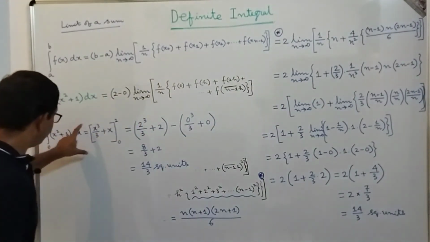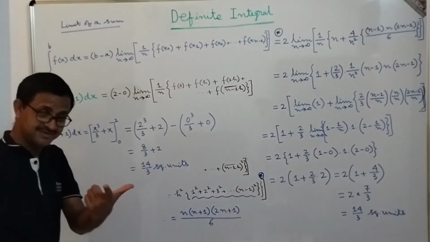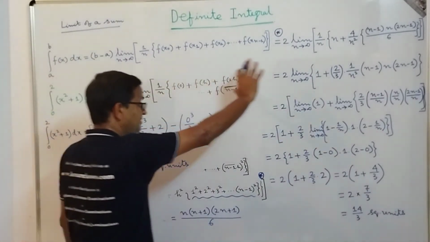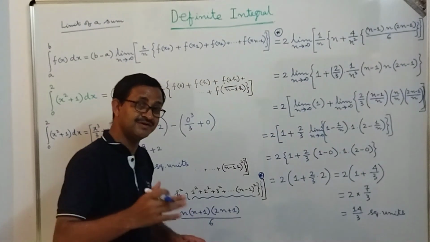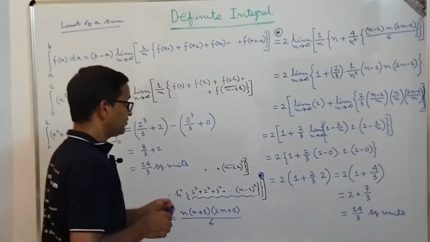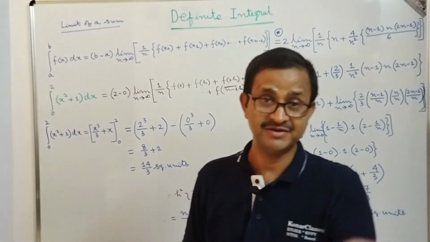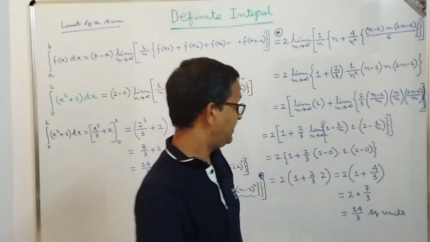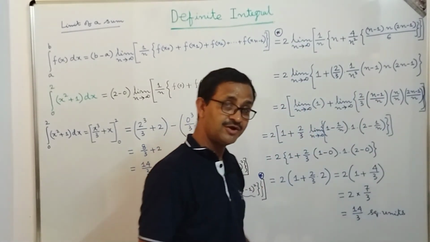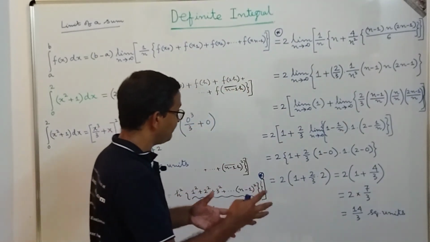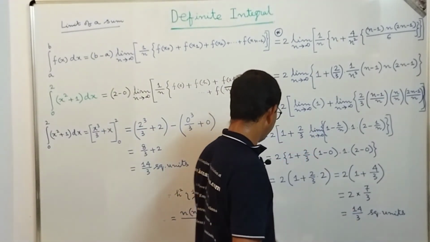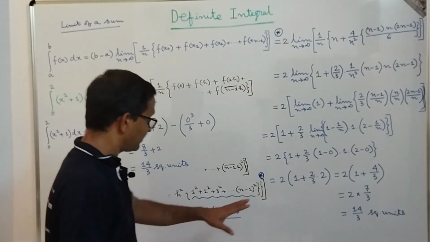So this is the way you can do it in a minute, but when you do it using the limit of a sum, it takes several minutes. Once you are done with the limit of a sum by spending several minutes and using the limit, and in the next problem, you will find that we need to really apply the limit formula, then you will see that you get some result.